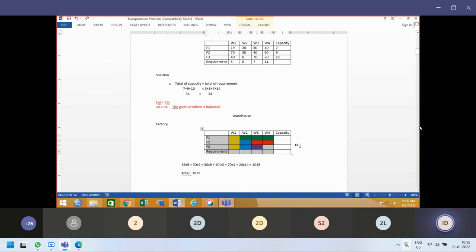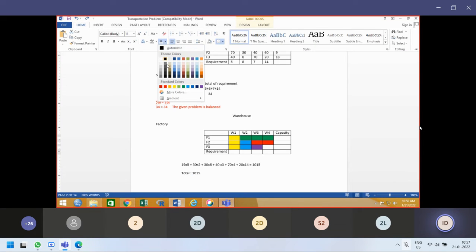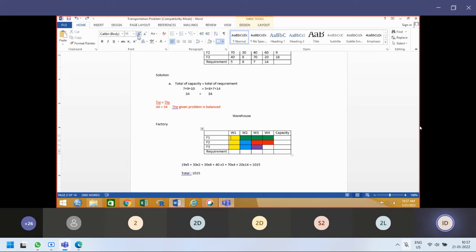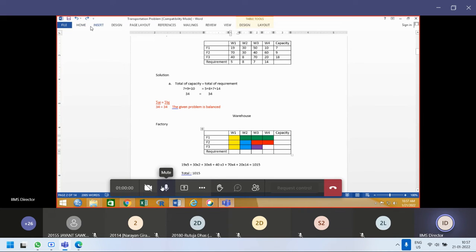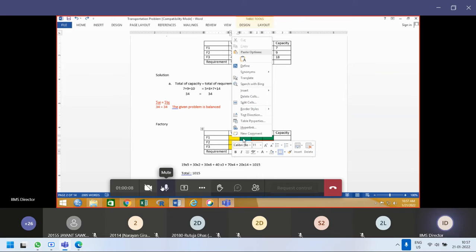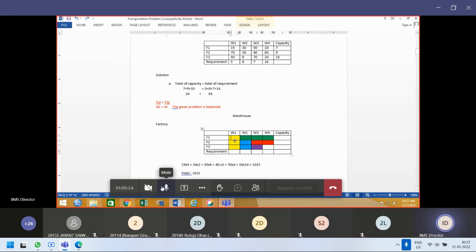I would like to remove my original color. No, yes, I selected here.